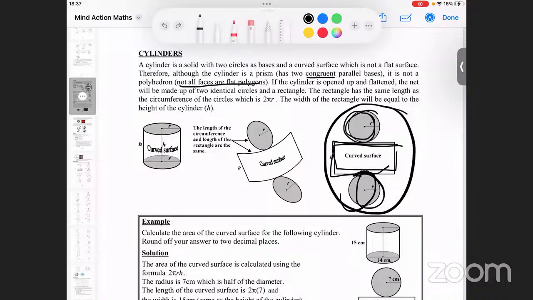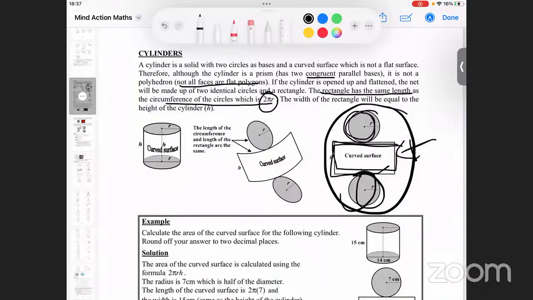The rectangle has the same length as what? As the circumference of the circles. So you see, they've given you a formula to calculate the length of the rectangle.